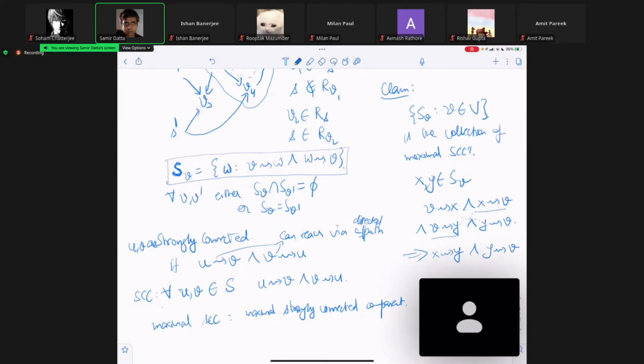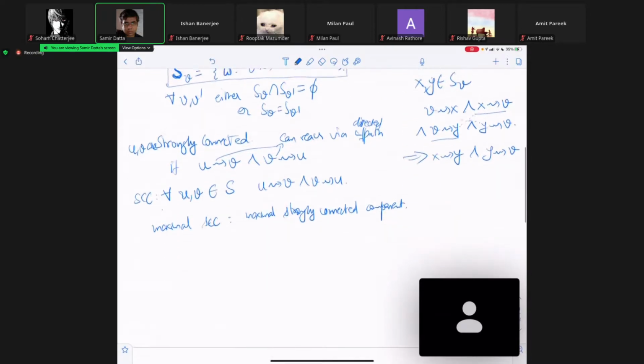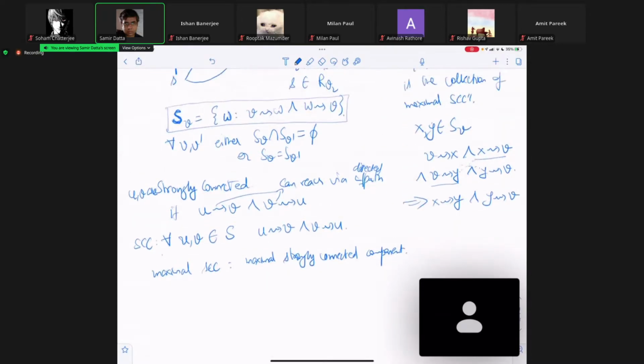Why is it maximal? Because suppose it's not maximal, you could add an element A to SV, and A union SV is also an SCC.